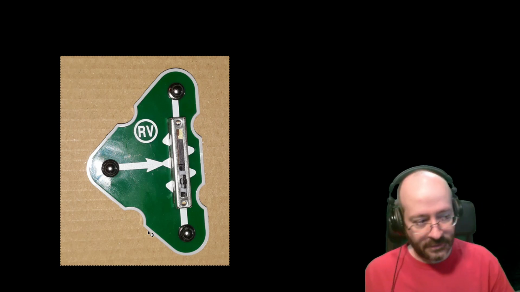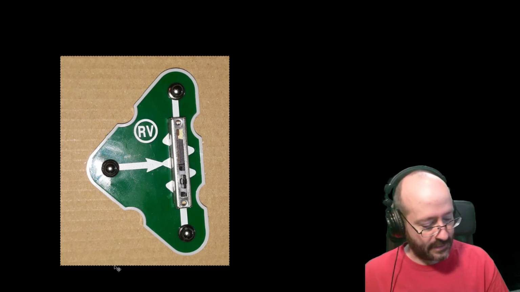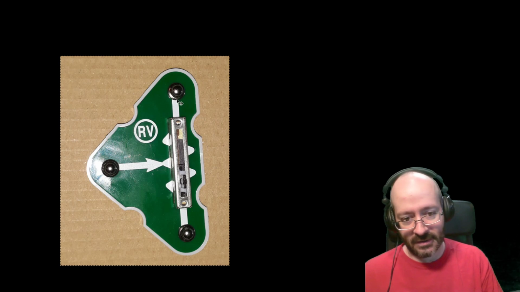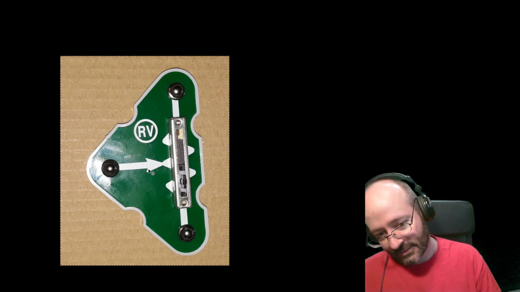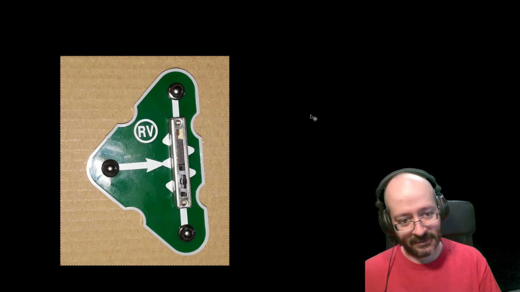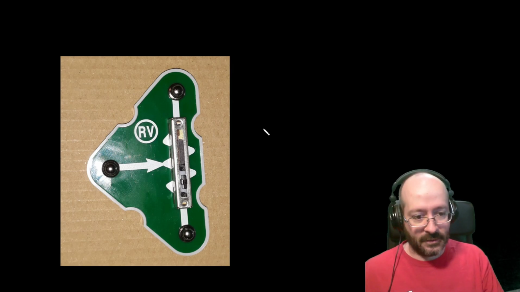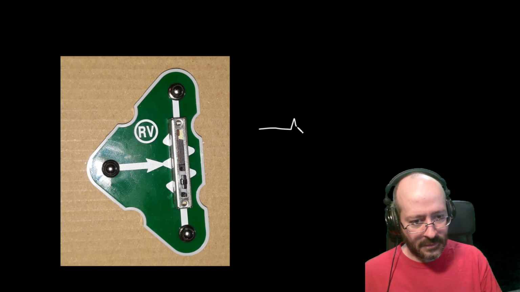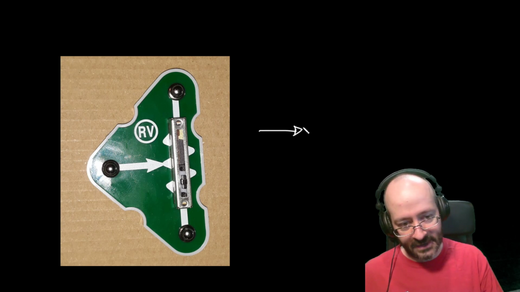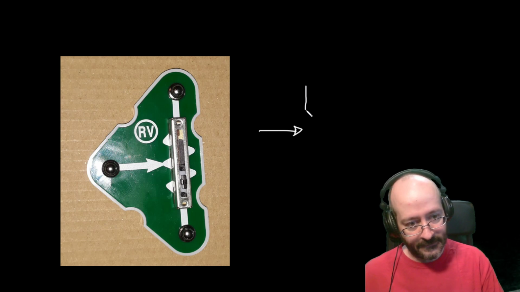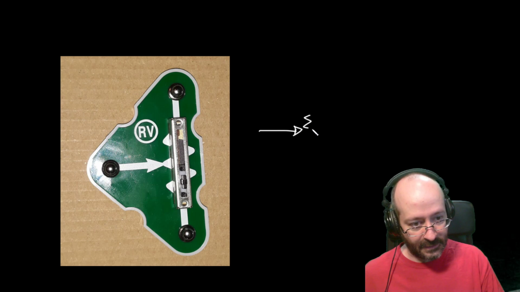Okay, so that's the component. The schematic symbol, you can kind of see it, and that's one of the neat things about Snap Circuits. You have the schematic symbol kind of hiding underneath it. It's got this arrow pointing in, and the symbol is really a resistor.